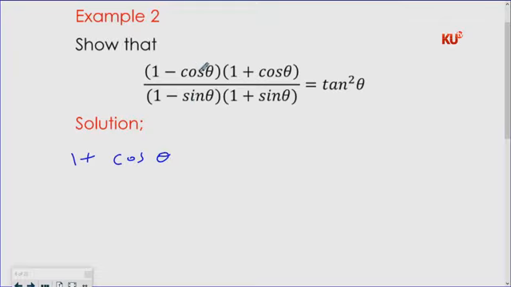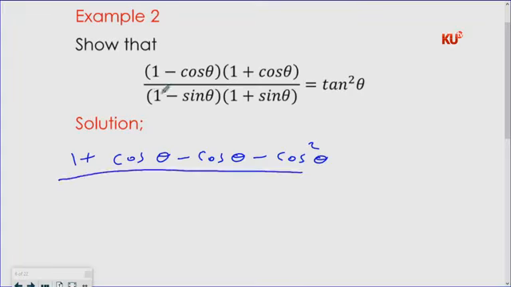Let's move to negative cos theta. You multiply by this, so negative cos theta, you multiply by 1, you'll get minus cos theta. Negative cos theta times cos theta, you'll get negative cos squared theta over, so the same way we have worked the numerator, we shall also apply the same concept for the denominator. 1 times 1, you get 1. 1 times sine theta, you get positive sine theta.